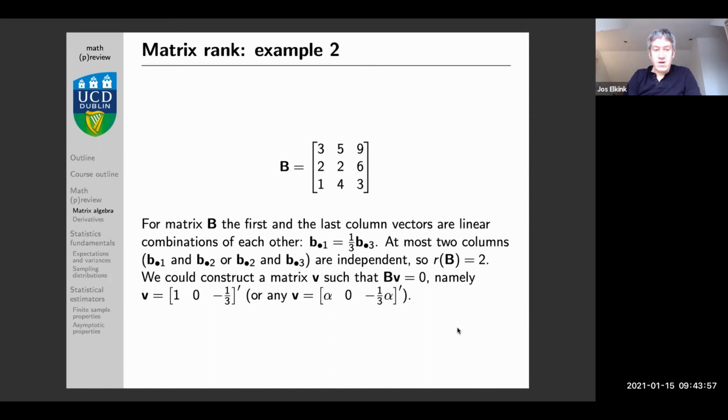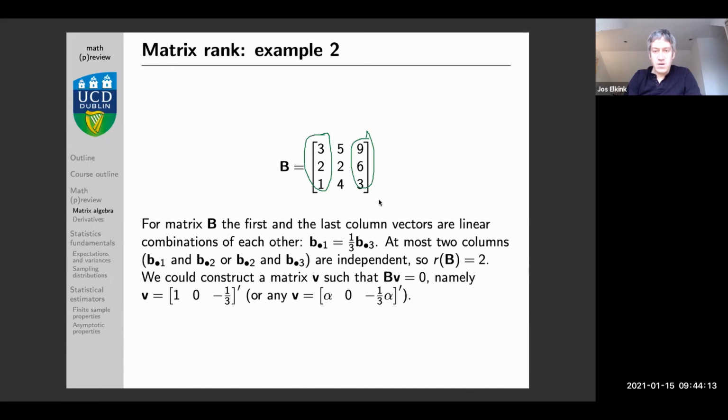Now here's one where there is a linear combination. The linear combination is that the first and third columns are related to each other. This column is 3, 2, and 1, and this column is just 3 times that. 3 times 3 is 9, 3 times 2 is 6, 3 times 1 is 3.